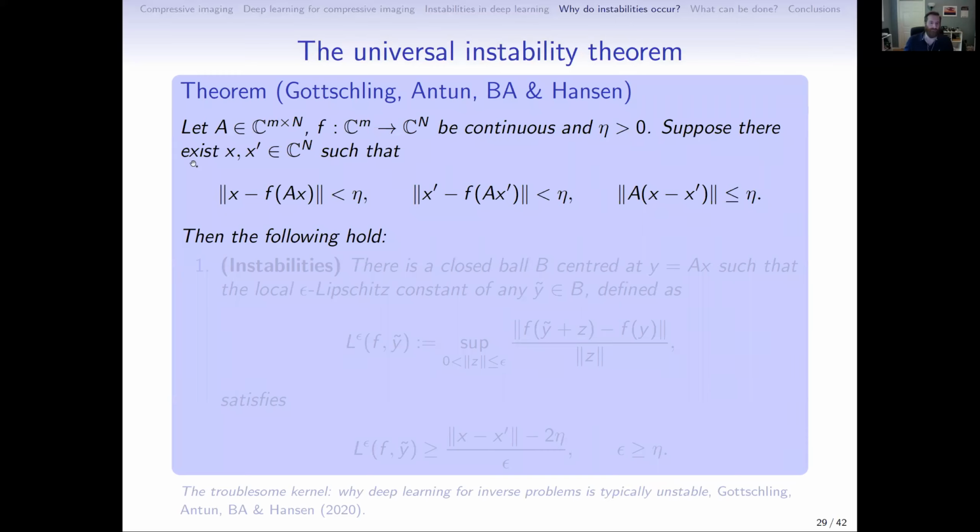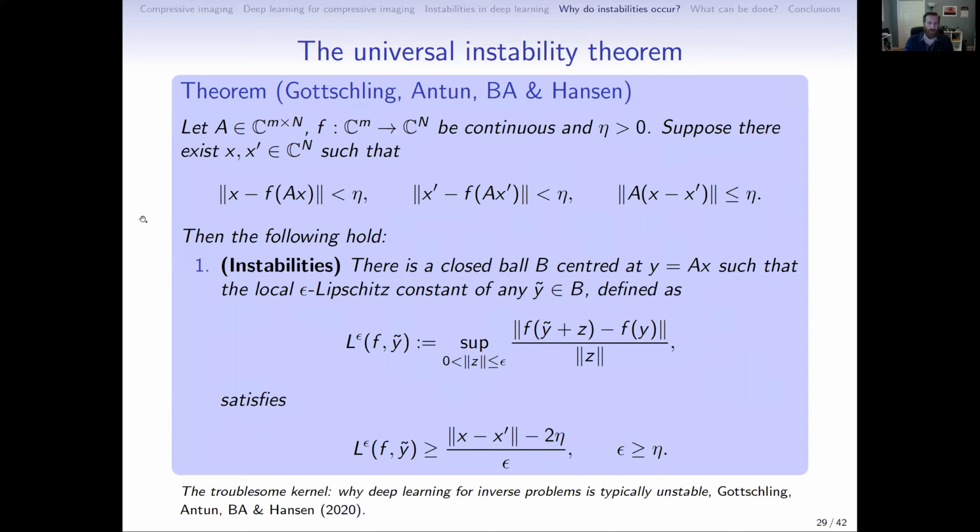This is a theorem that we proved that's in this paper here, which is on the archive. What this theorem says is the following. Suppose you have a continuous mapping, and this is your reconstruction map. It's going to take your measurements and give you your reconstructed image.